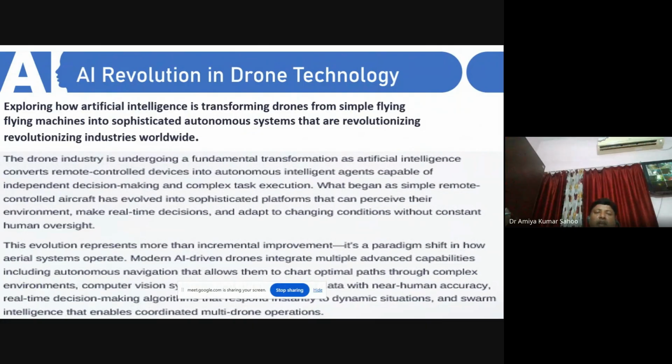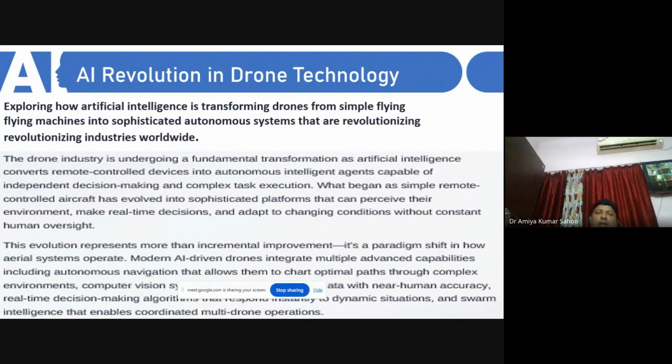The drone industry is undergoing a fundamental transformation as artificial intelligence converts remote controlled devices into autonomous intelligent agents capable of independent decision making and complex task execution.